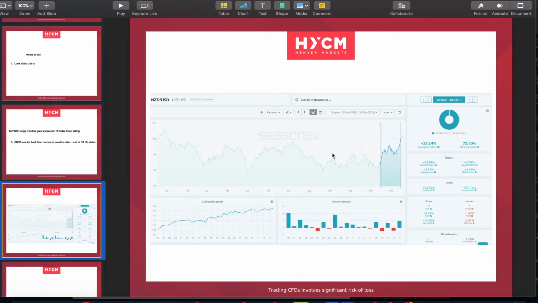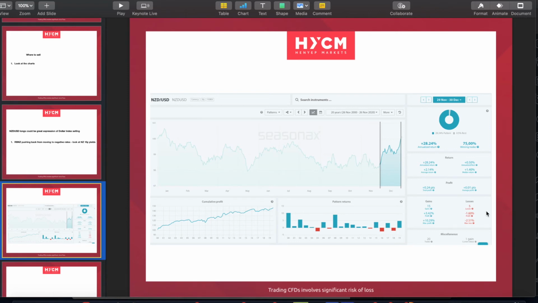Over the last 20 years, look how much the New Zealand US dollar pair has gained. You can see that 75% of trades long New Zealand US dollar have won over the last 20 years, and the bias is very strongly to the upside. Obviously, you can see here in December, from the 29th of November through to the 30th of December, the New Zealand US dollar has gained almost across the board with very small losses over those years.